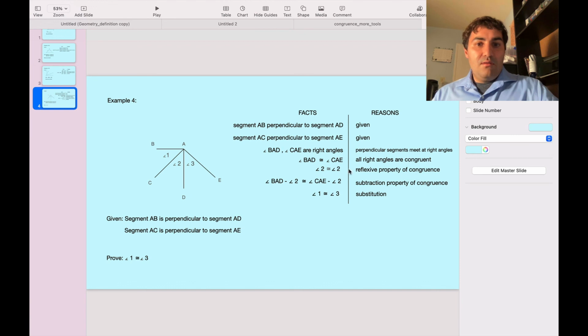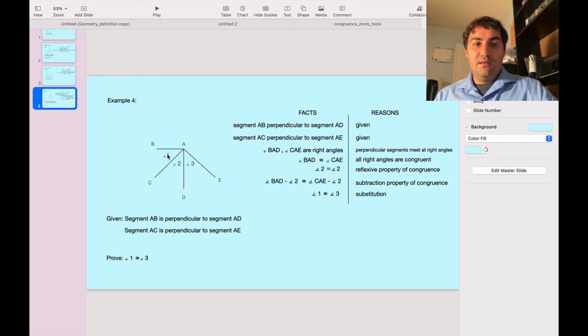And now, using these two congruences here, I take the bigger angle, which is BAD, and I take off angle 2, so we subtract these two quantities. If I do the same with CAE minus angle 2, we're left with angle 1 is congruent to angle 3.